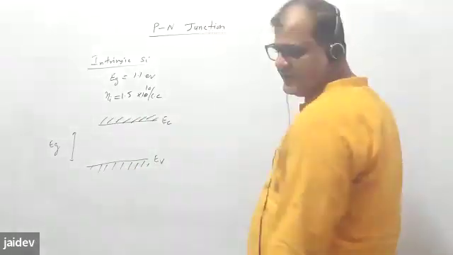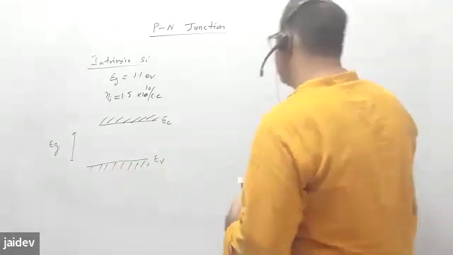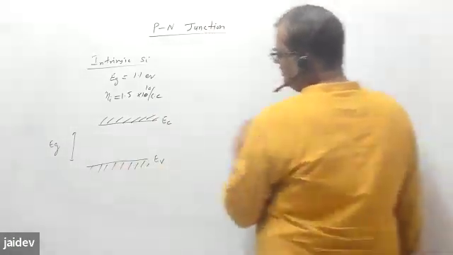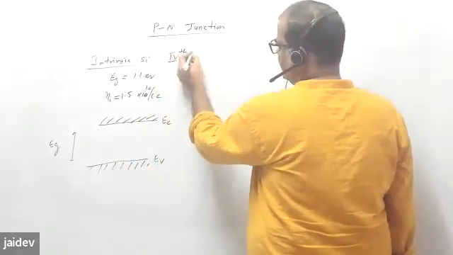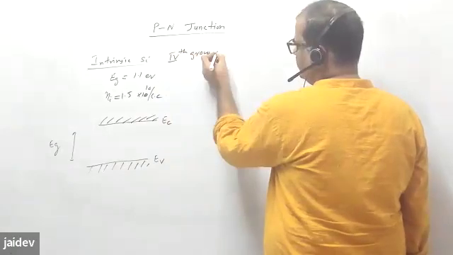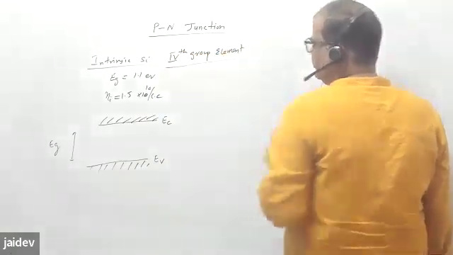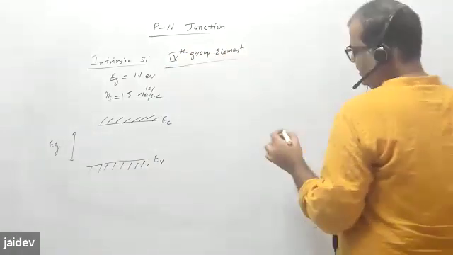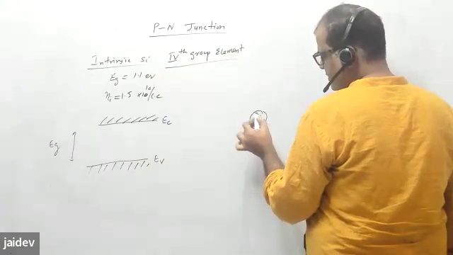Okay, this is the electronic structure, but physically, if we try to understand silicon, silicon is a fourth group element. If I see its structure, this is my silicon.